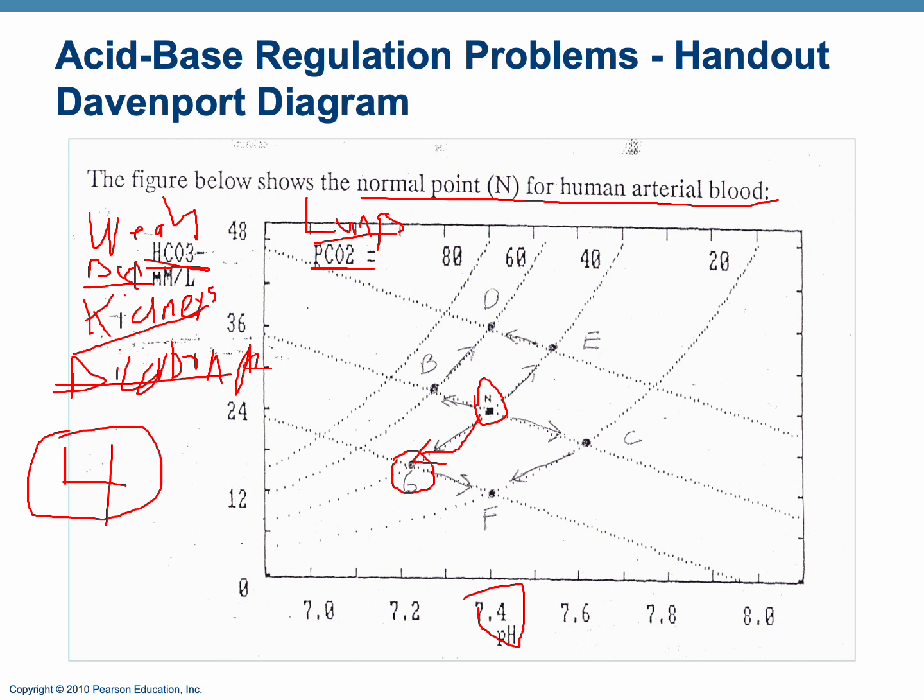So what's happening here, we move from N to G. Well, definitely the blood pH is falling, going to 7.2, so we know it's going to be a type of acidosis for sure. So definitely a type of acidosis here. And we can also see there's been a change in the amount of bicarbonate. So normally that level is 36, but now it's dropped to 24.